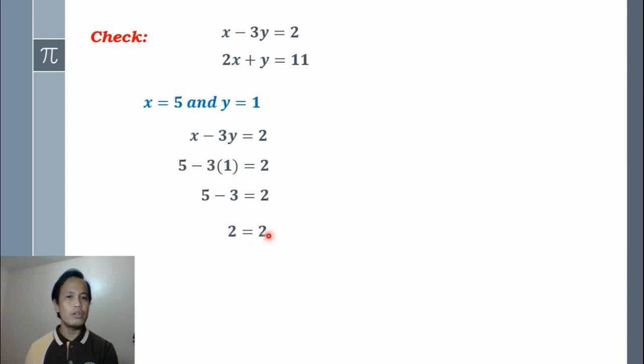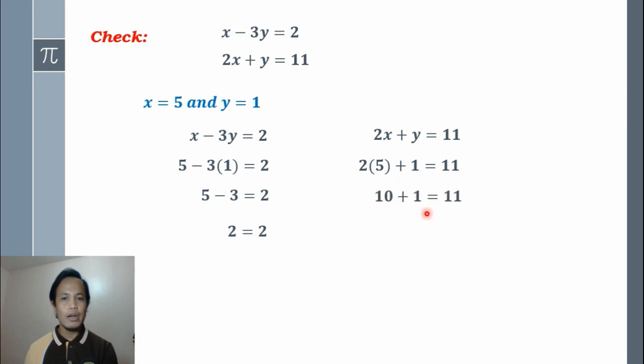So that is 2 equals 2. For equation 2, we have 2x plus y equals 11. That gives us 2 times 5 for x, plus 1 for y. 2 times 5 is 10, plus 1 equals 11. So that is 11 equals 11. We got a balanced equation for equations 1 and 2. Therefore, the values are correct.